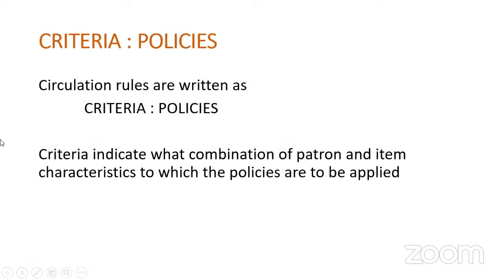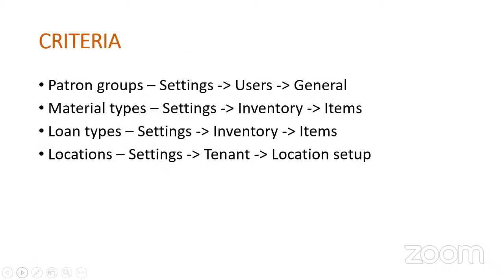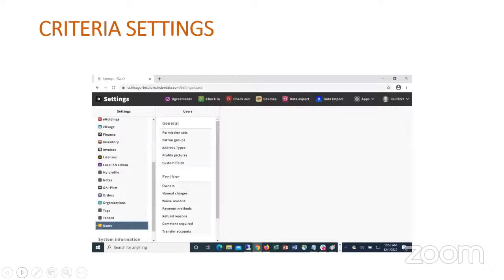So criteria indicate what combination of patron and item characteristics the policies are going to be applied to. The criteria possibilities are patron groups, obviously referring to patrons, and then 3 characteristics of items: material type, loan type, and locations. Those are found in settings under different categories: user, obviously inventory for items, and then your locations are actually set in the tenant.